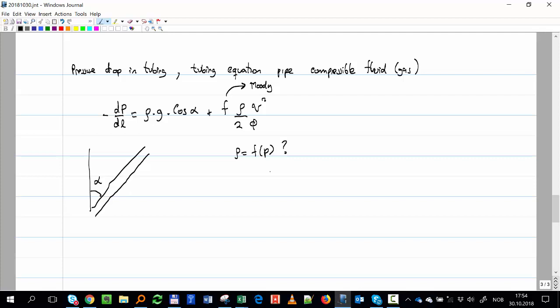We have one equation that says P over density is Z R T, as we were discussing last class. So we can say that density is essentially P divided by Z R T. So we substitute that in this equation.